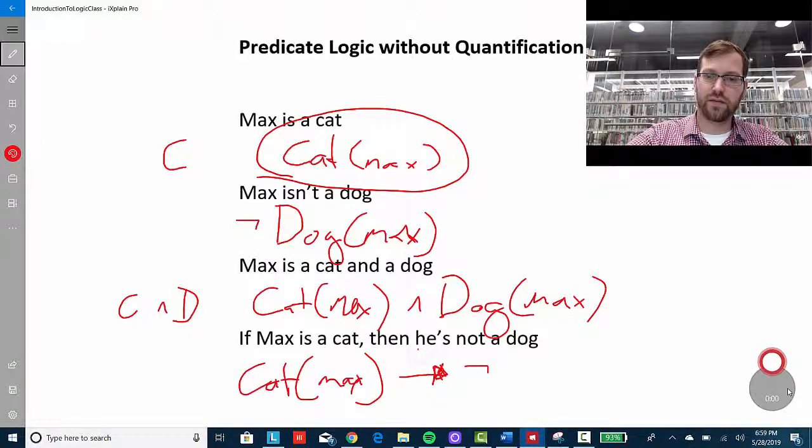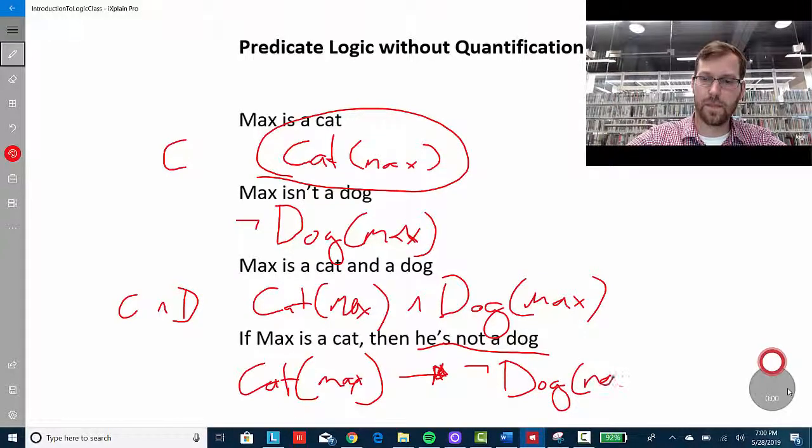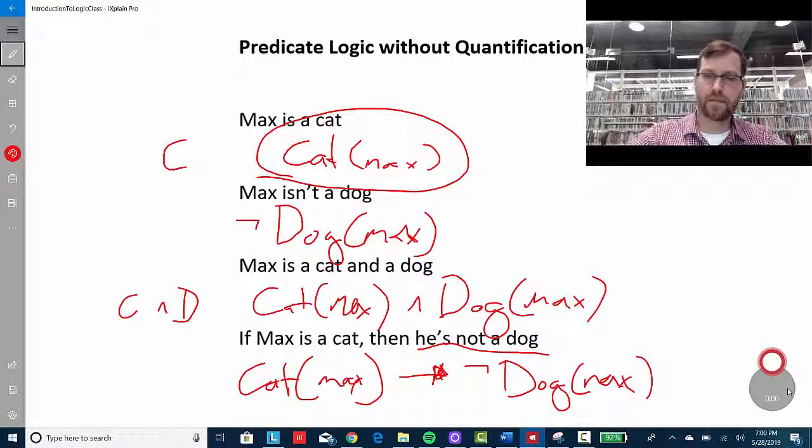And then what we have after the then statement is that Max is not a dog. Right? So that says if Max is a cat, then it's not the case that Max is a dog.